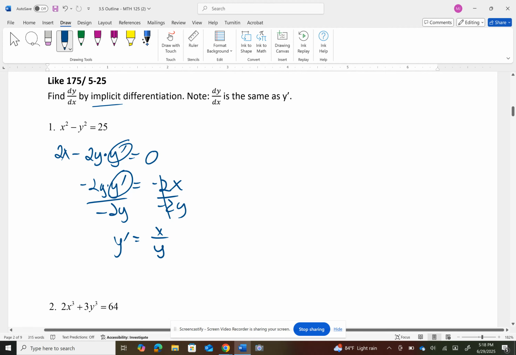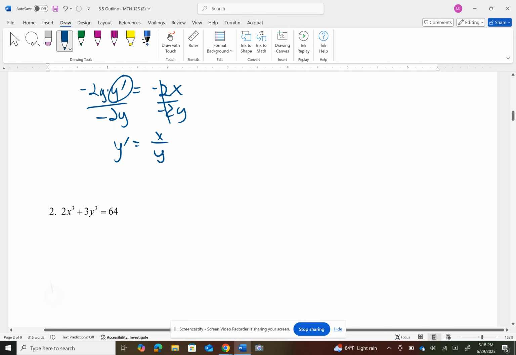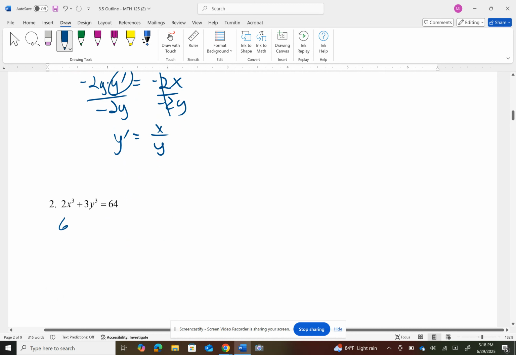Okay. Number 2 is similar to that, just a little bit harder. You'd wind up with 6x squared plus 9y squared times y prime, because for y you have to do the derivative of the y as well, equals 0. Leave that where it is.